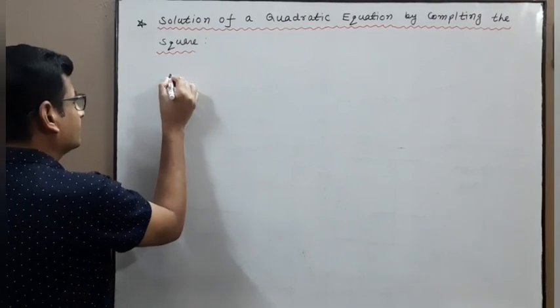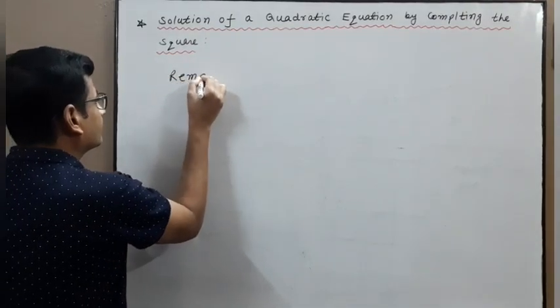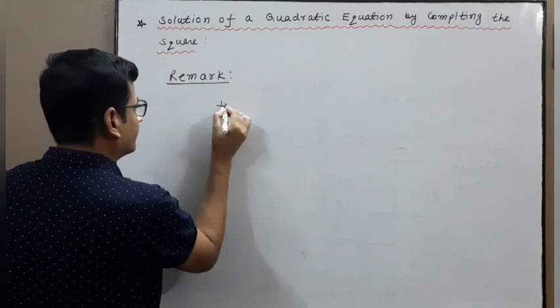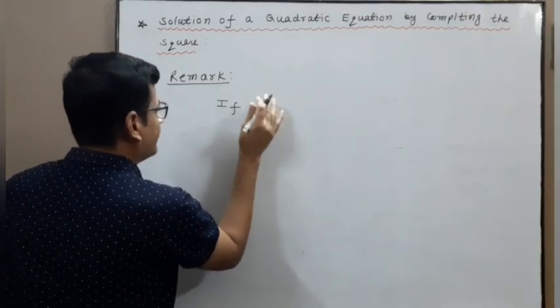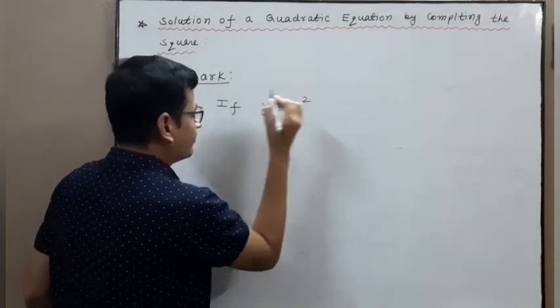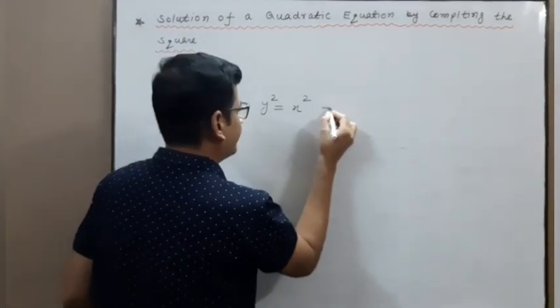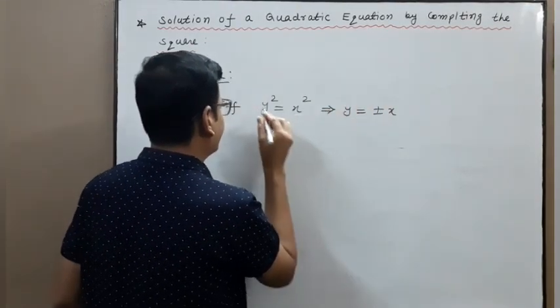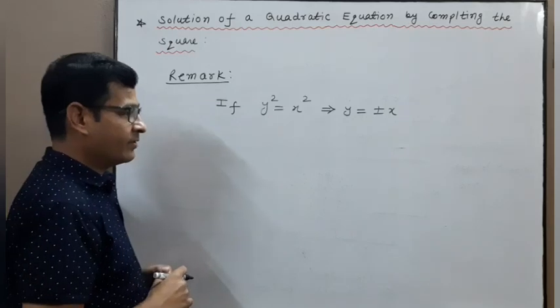Remark. If y square equals x square, this implies y equals plus minus x. This is a very important result for this chapter.